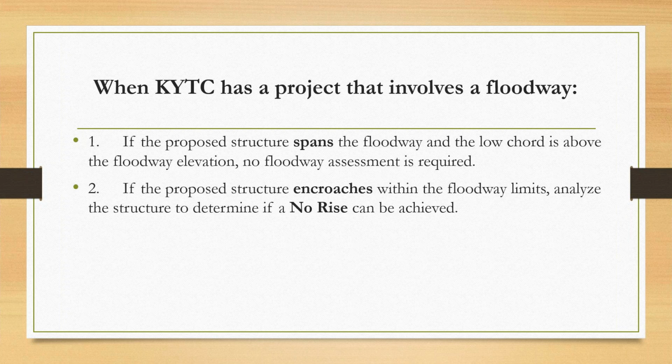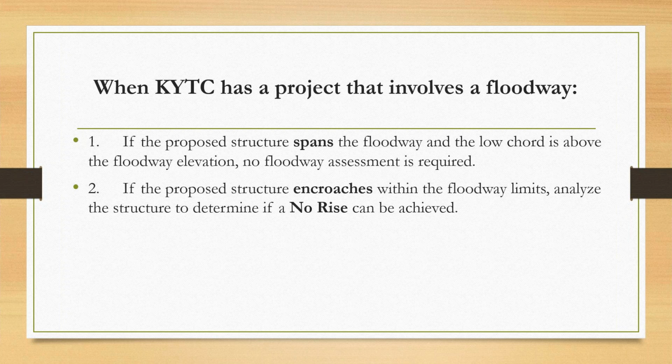Option number two, if the proposed structure encroaches in the floodway limits, then we can analyze it. Let's say it's just one pier. Then we can analyze it and see if we can get a no-rise, that we have really not changed the hydraulic model enough for there to be any change in the model. So if we can't span it, which usually is an economic reason, then we encroach and we see if we can get a no-rise.